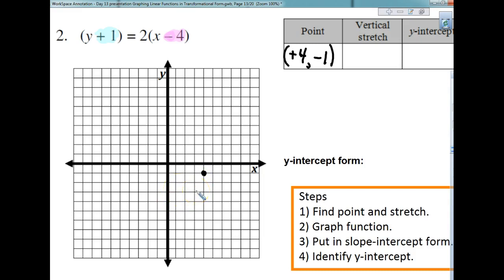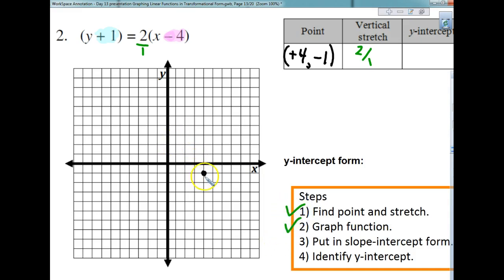Hey, what kind of stretch or slope is it? Yep. So we can use 2 or 2/1. That helps. It's not a fraction. And then go ahead and find the line. Right? So we did step 1. We can go ahead and graph it.